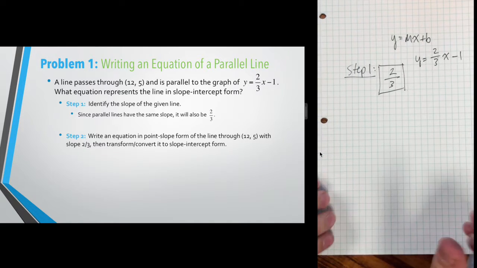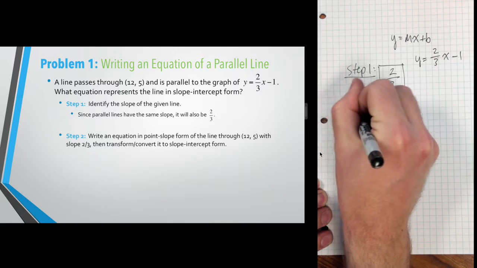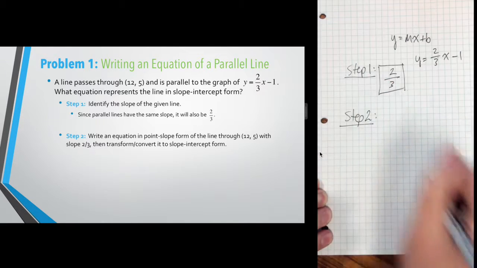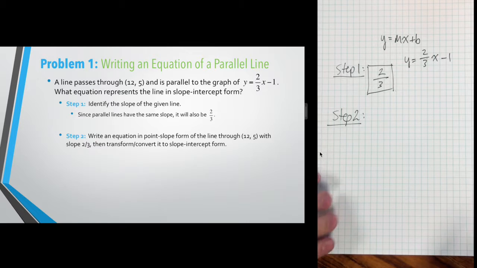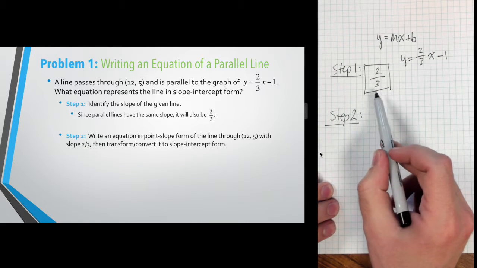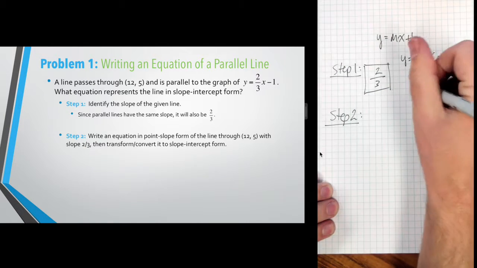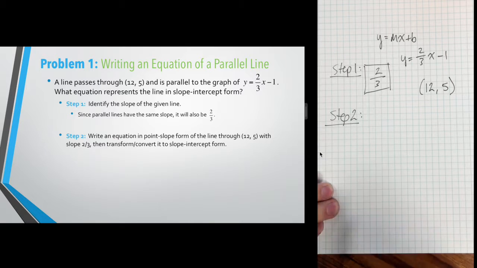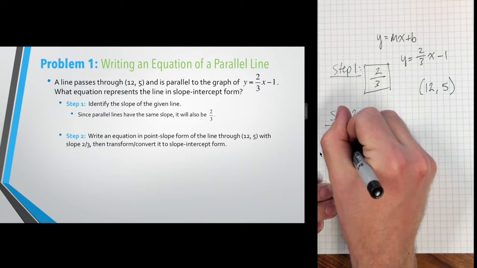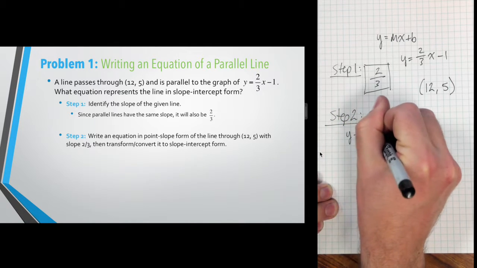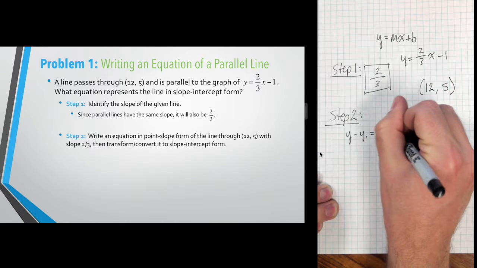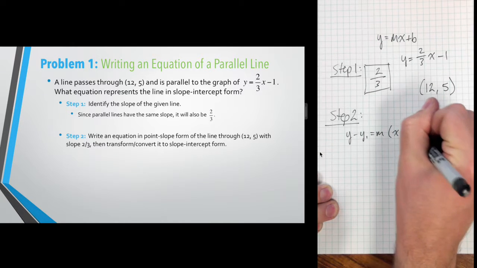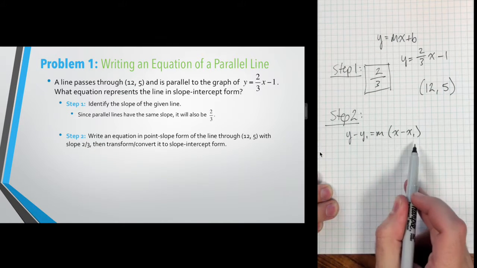So, watch. Step 2. What we're going to do is we now have the slope of 2/3, and then the problem gives us the point (12, 5). So we're going to start by writing an equation in point-slope form. That's this.